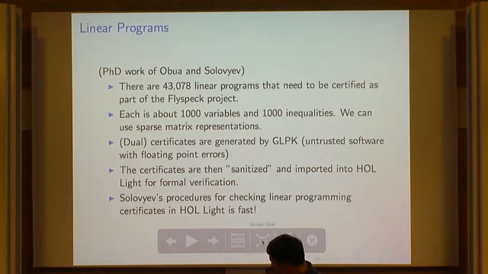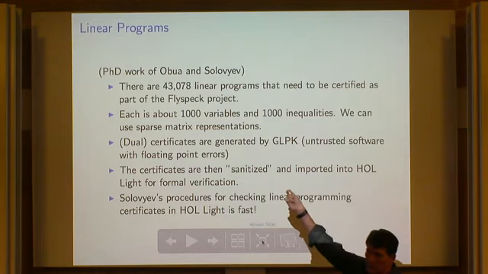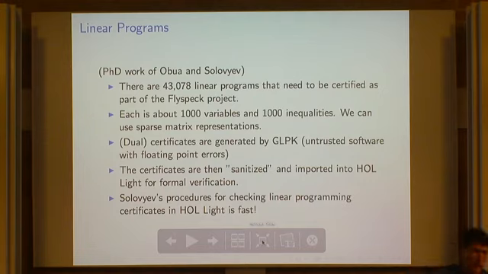So we use the untrusted software to compute the certificates for these 43,000 linear programs. When they get cleaned up, we import them into HOL Light and then just check that these inequalities hold, so that we have an actual certificate of an upper bound on each linear program.